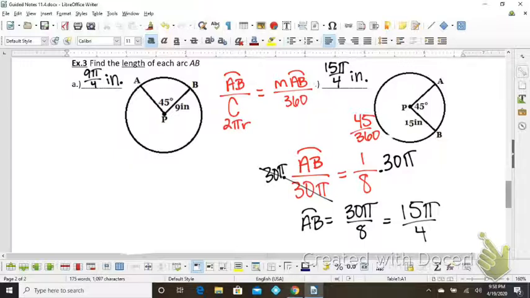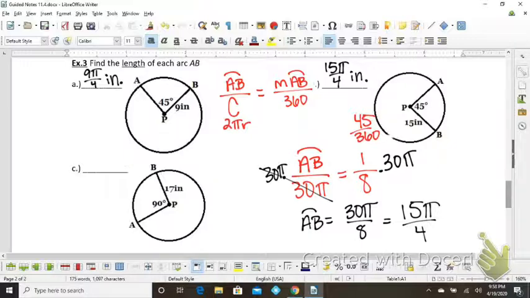But it is important to know that for circumference and arc length, your units are not squared. For circumference and arc length, it's just regular units, linear units, like how far you would walk. We'll talk about area again coming up here. Okay, but not today. Let's bring back that last example.